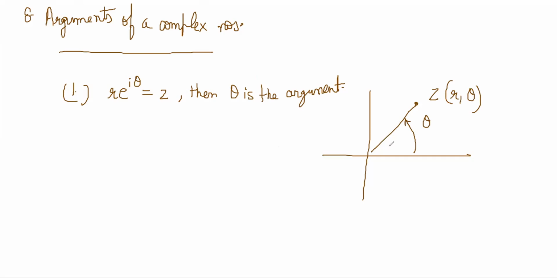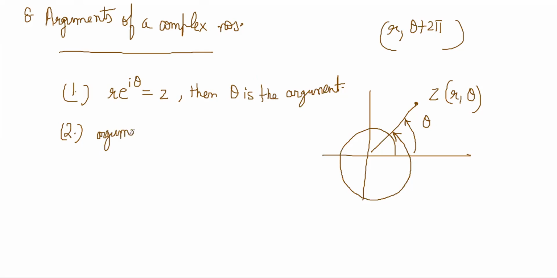Notice that you could go around a whole circle and come back here. So if I added 360 degrees or 2 pi, r theta plus 2 pi is going to be the same thing. Arguments are measured counterclockwise.